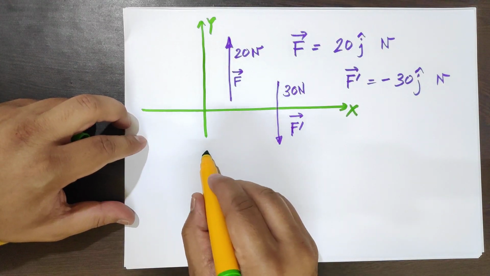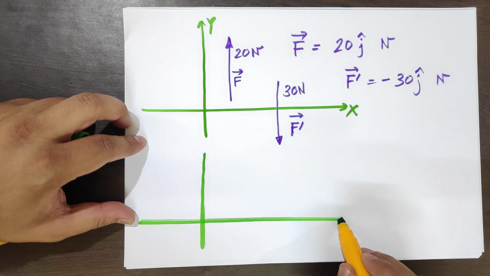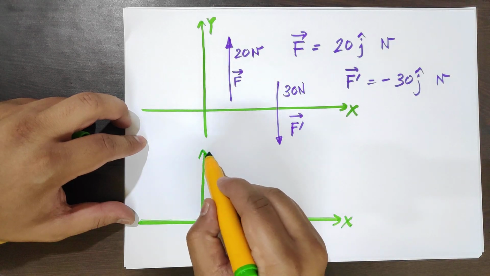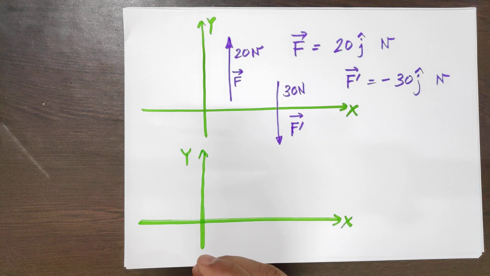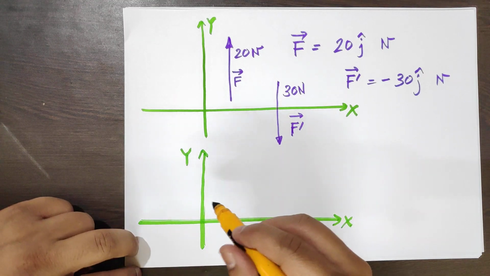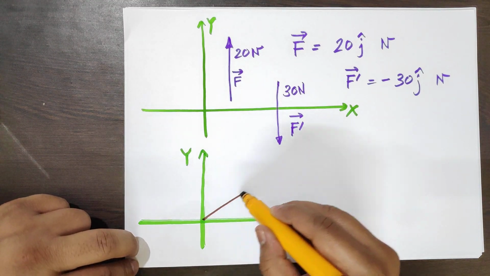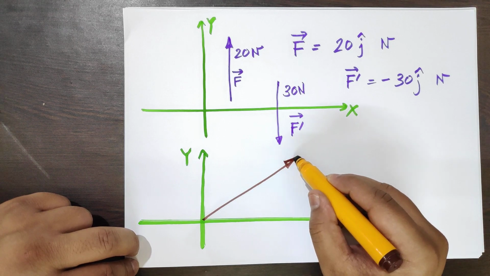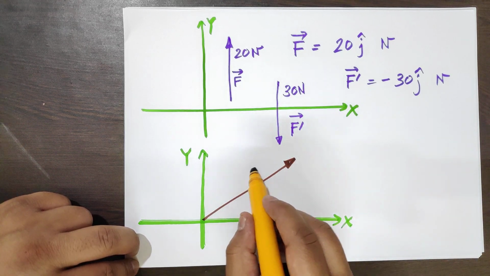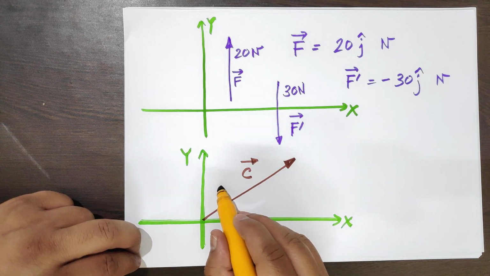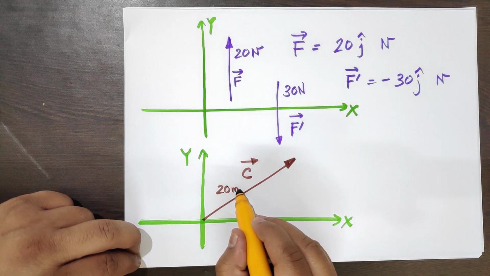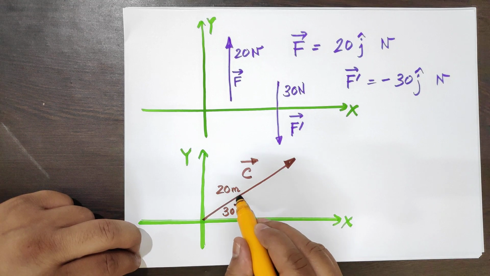Now this one, say you have a vector here. Suppose I'm starting it here only. Suppose this is a vector C. Vector C, its magnitude is 20 meter. This is 30 degree.